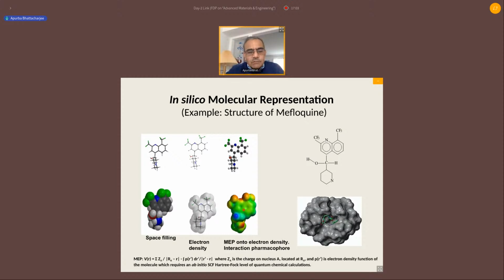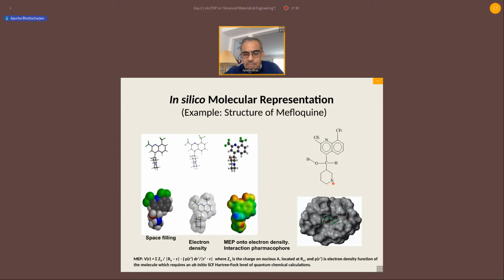Now, another interesting thing which I should also mention is the steric aspect. Out of these two hydrogen bond acceptors, this nitrogen atom is a hydrogen bond acceptor. If you go back to the two-dimensional structure, you can see that this nitrogen is the hydrogen bond acceptor, and this nitrogen is also another hydrogen bond acceptor.